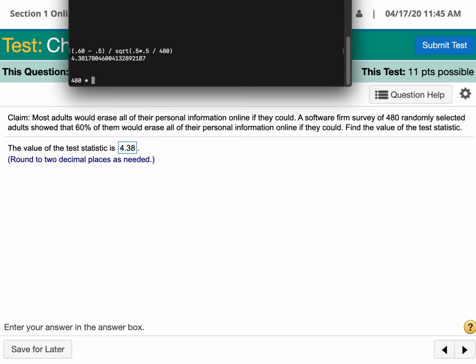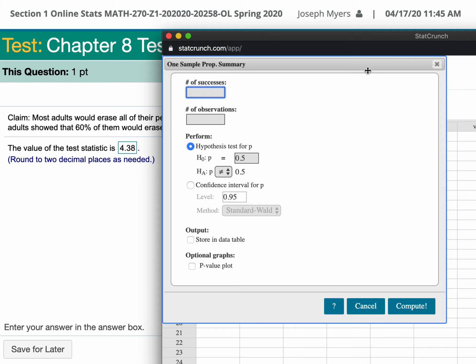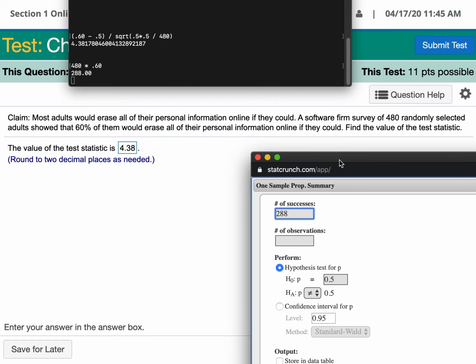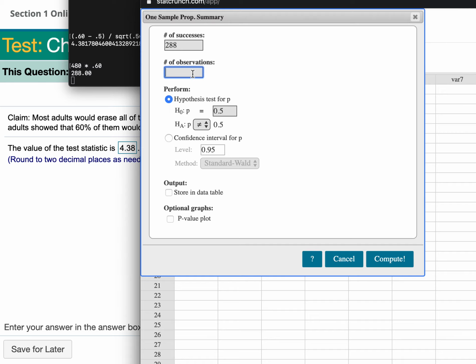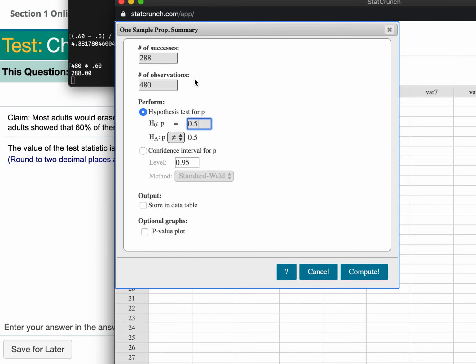What is 480 times 0.60? That's equal to 288. So we actually know that there are 288 successes in this group out of a total sample size of 480. The null hypothesis is that the proportion is equal to 0.5, and the alternative hypothesis is that most adults would erase their data, so that would be greater than 0.5.